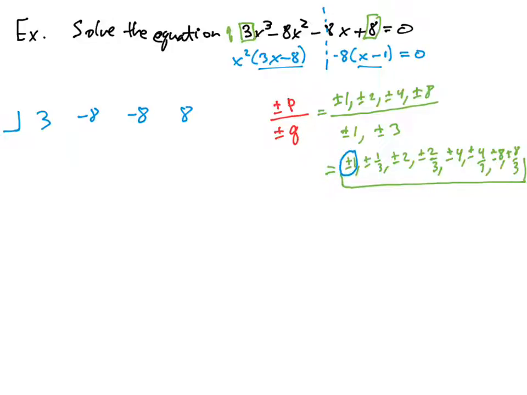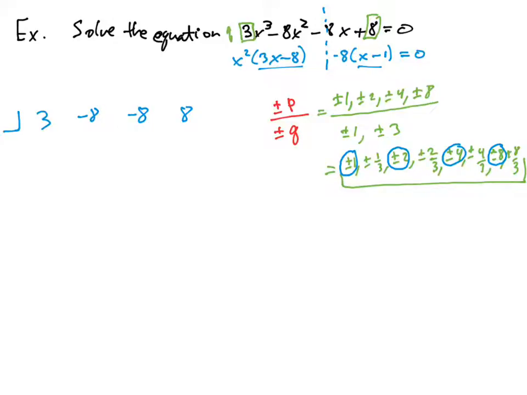So we would want to test plus or minus 1, plus or minus 2, plus or minus 4, plus or minus 8. We'd probably want to do that first, just to avoid the fractions, not because the integers are more likely to be zeros, but because we don't want to deal with fractions if possible. Other than that, you just kind of have to guess and check your way through.